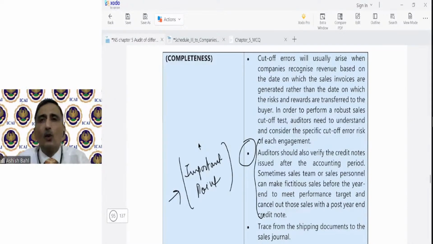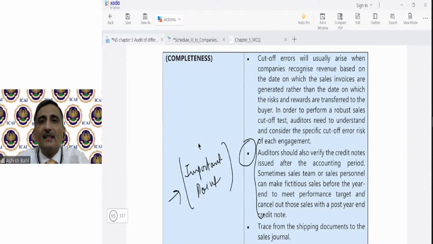Say sometimes it so happens that companies book fictitious sales near the end of the reporting period to increase their revenue. And in the next year, in the beginning of the year, say in the month of April, they reverse those entries by credit notes. So they show sales return. In one year, sales are increased, and in another year, sales are shown as sales returns by issuing credit notes.